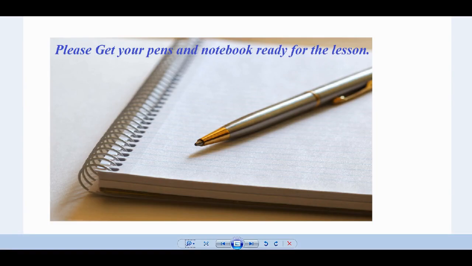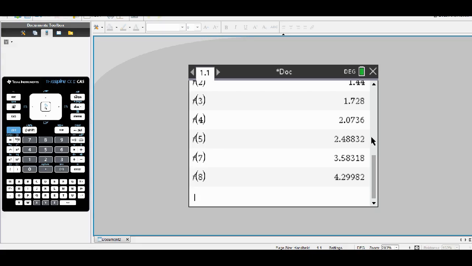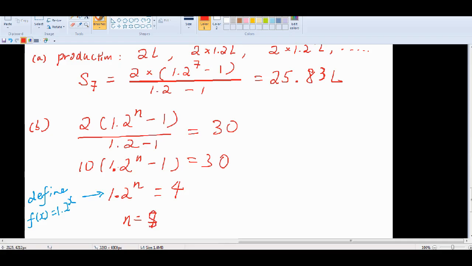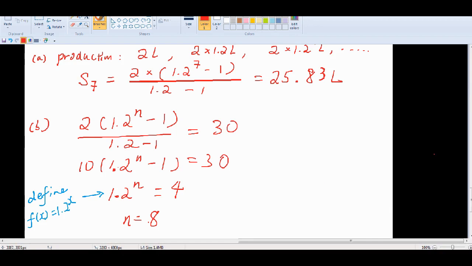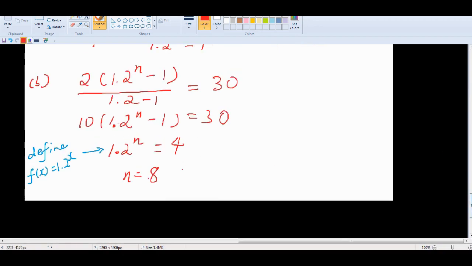Sorry, let me see. Sorry, 8, that's wrong. Because at day 8, I made a mistake, I just forgot. So let's see this again. F8 is greater than 4, F7 is still less than 4. So that means it takes 8 days. Alright, that's it.